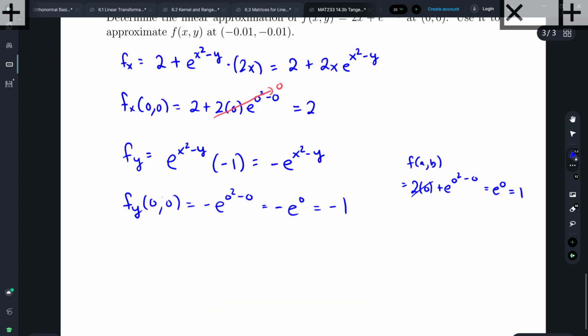Okay, so finally we can write down the linear approximation.